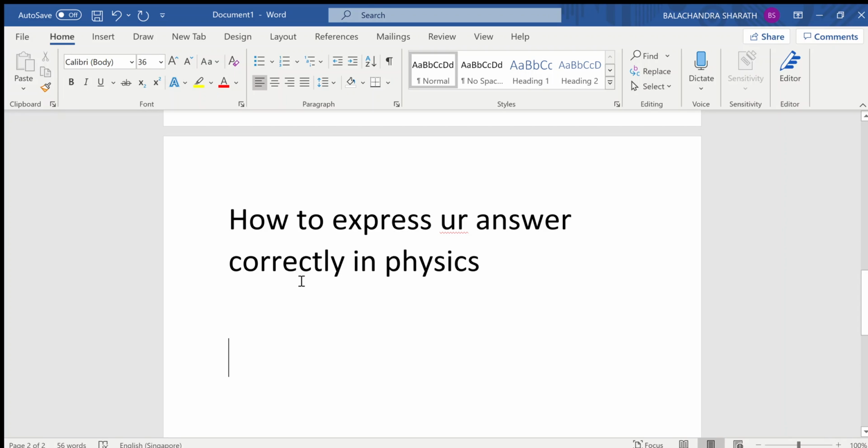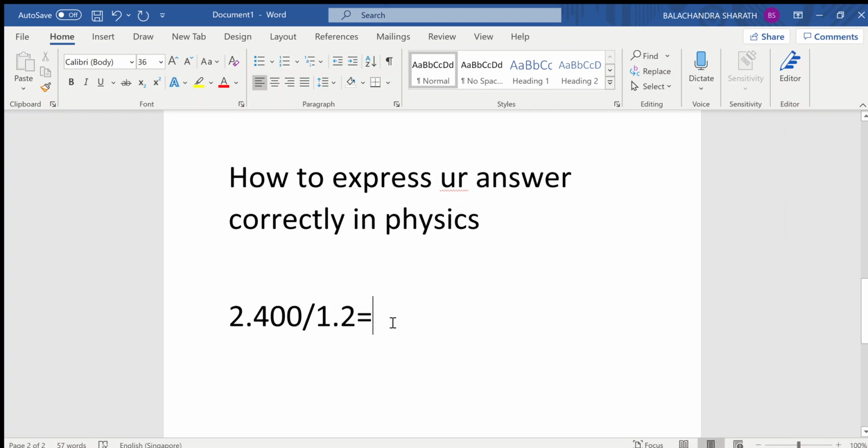For example, when you have 2.400 divided by 1.2, obviously you know the answer is 2, but you have to express 2 with the correct number of significant numbers. So 2.400 has how many significant numbers? 4, right? So this number has 4 significant numbers, and 1.2 has only 2 significant numbers.